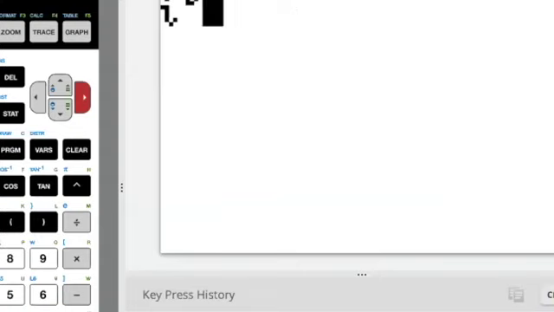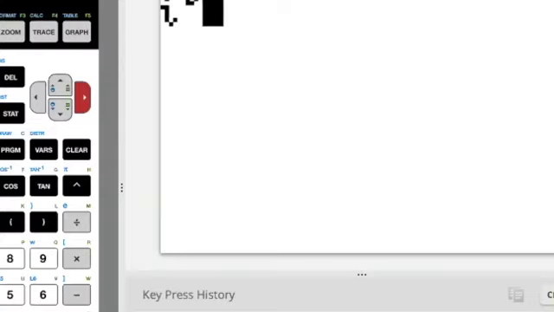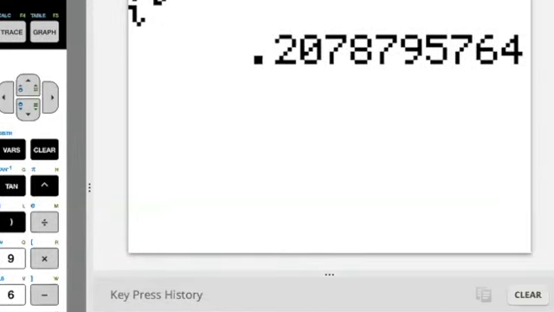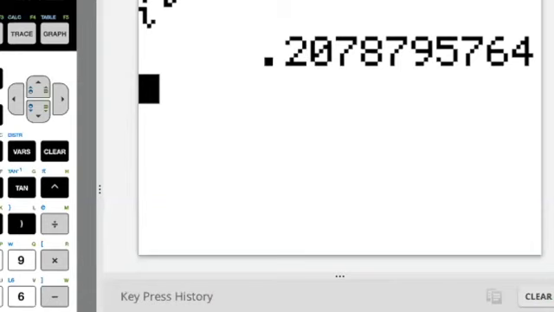Okay, so i to the i. And if I come to the calculator, it wouldn't be surprised if the calculator said, you're asking me to do a little bit too much here. But when I push enter on the calculator, surprisingly, it gives 0.2078. It's a real number. It doesn't even have an imaginary part. It's just 0.2078.